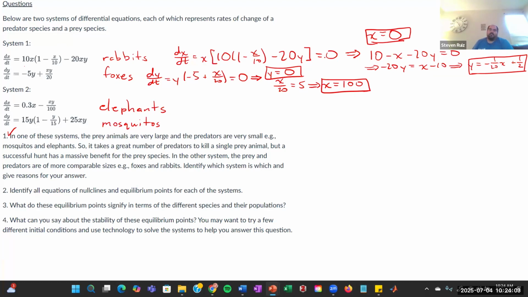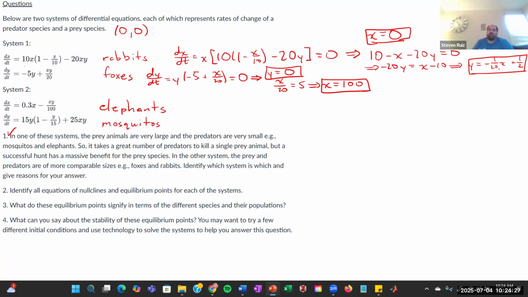So 0, 0, basically that's extinction. That's an equilibrium, but probably not a very interesting one to think about. Can x equals 0 cross the other null cline? No, x equals 0 and x equals 100 are parallel. So that can't happen. All right, so now let's look at the other rabbit null cline.